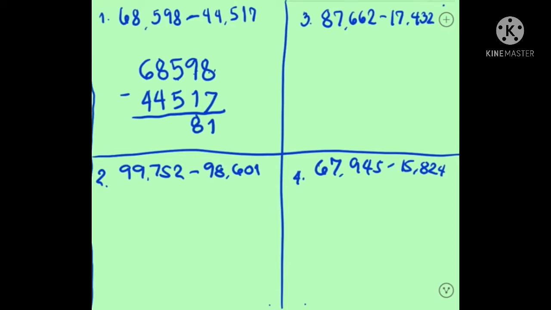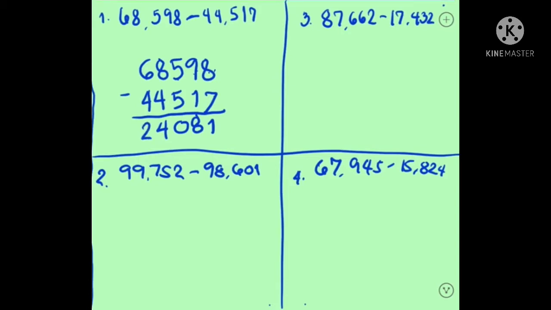Again, if they're the same, our answer is always 0. 8 minus 4. 8 minus 4 is 4. Alright. 6 minus 4. 6 minus 4 is 2.